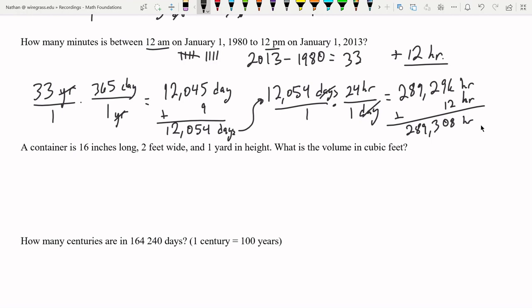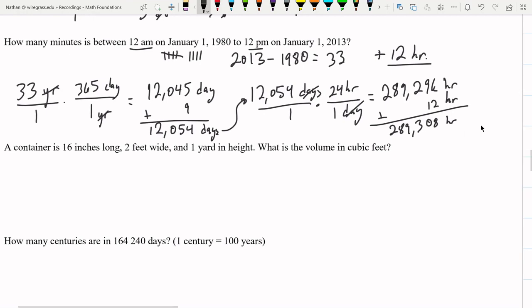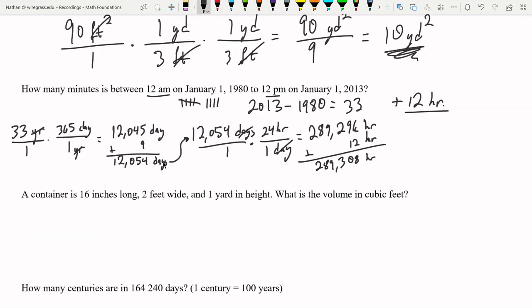All right, we are almost there. We just have to do one more conversion, and that's going to go from hours to minutes. So now we need to take this 289,308 hours and change to minutes.